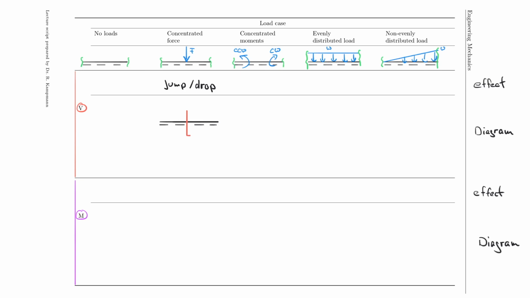So the vertical component of that force actually leads to that jump or drop. And then this portion here is positive, and this portion here is negative. This, of course, could be the other way around. If your force, for example, is pushing up, then the jump would go from negative to positive. And likewise, this could also go from negative to more negative, right?